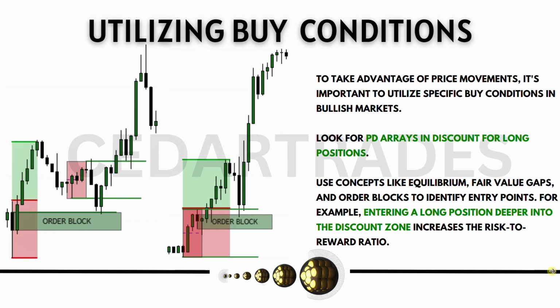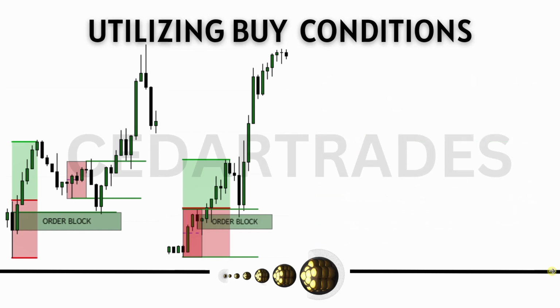And you'll be using your fair value gaps and your order blocks in the discount to find long positions below equilibrium, or below 50% of a price range. You want to look for your fair value gaps, your order blocks, your breakers right at that point, as it provides you with discount, or what we may say cheap prices, which increases the risk to reward ratio.